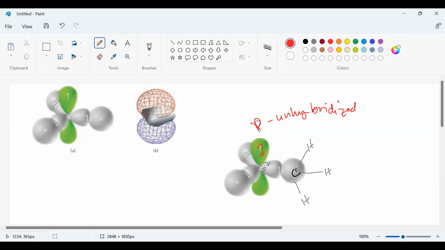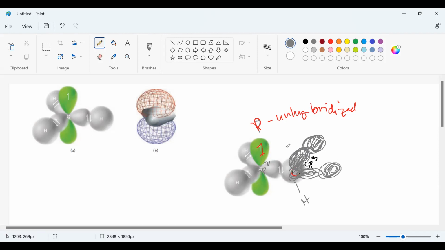Now the adjacent carbon is a CH3, so this carbon utilizes sp3 hybrid orbitals. The sp3 orbital looks like a lobe, with an S and a P part, and it overlaps with the S orbital of the hydrogen.